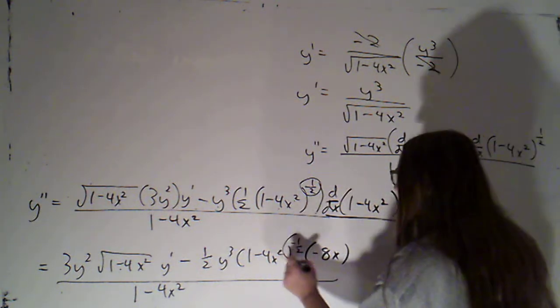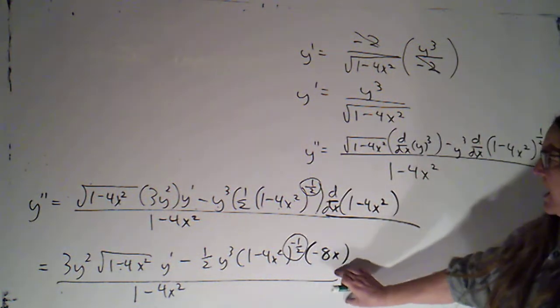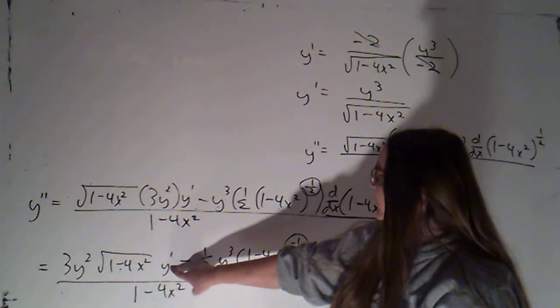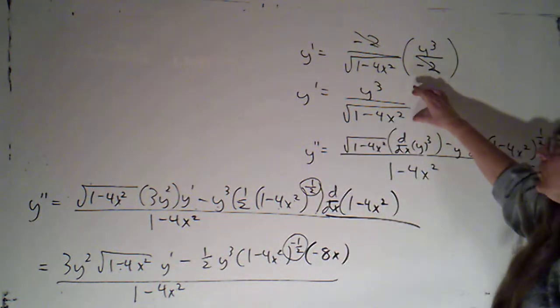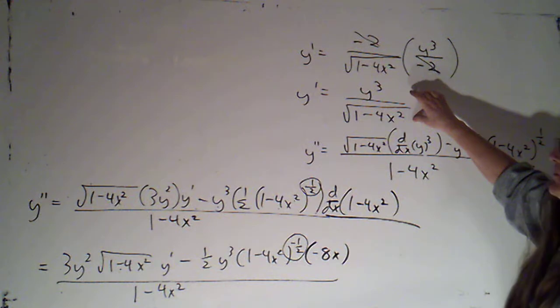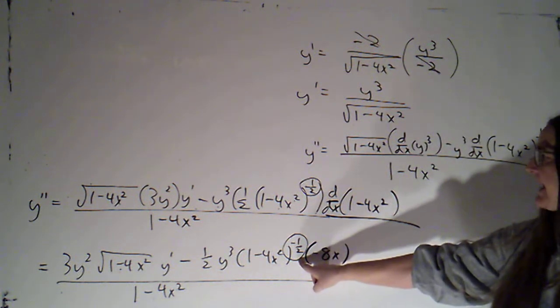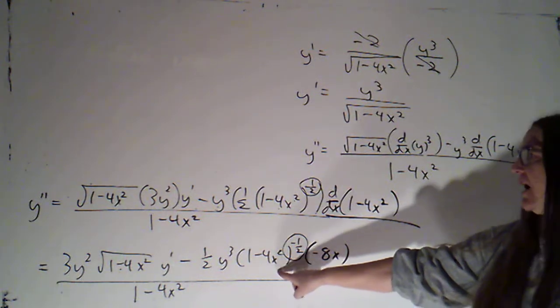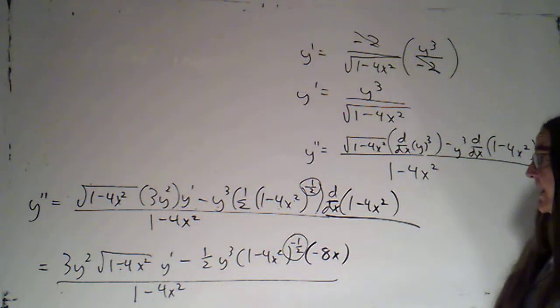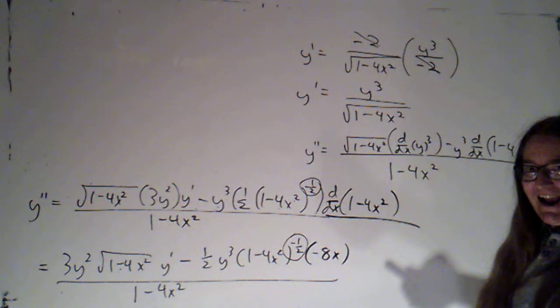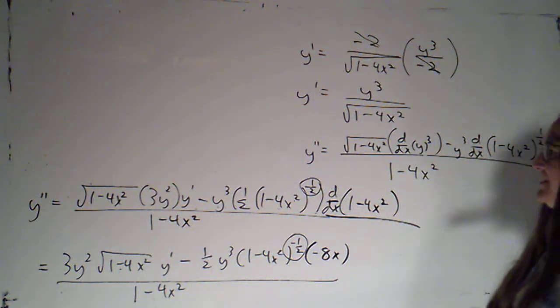So what I'm going to do now is just recopy this, but I'm going to replace y prime with the formula that describes y prime in terms of x and y. I'm also just going to rewrite that as the reciprocal of root 1 minus 4x squared. We're going to have a complex fraction, and then we'll simplify it.